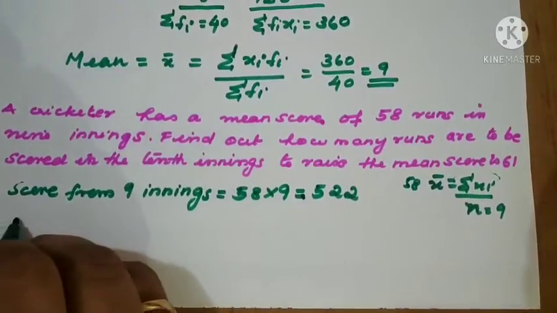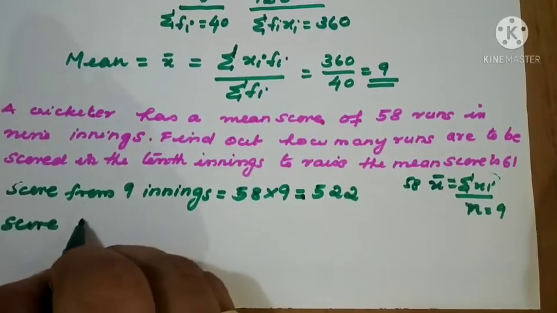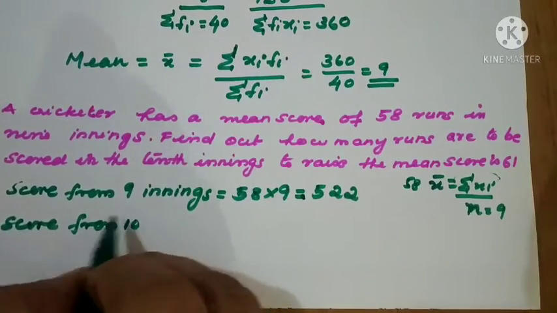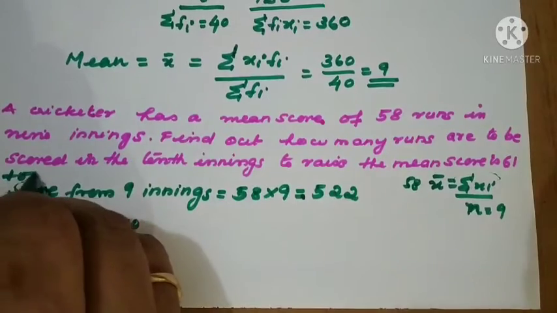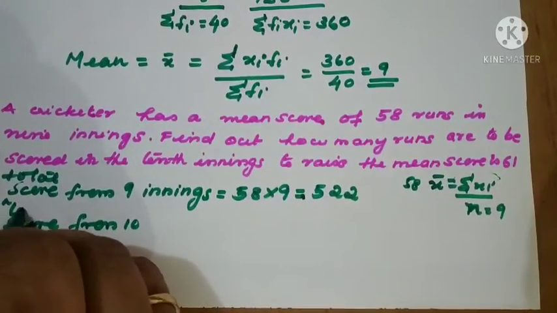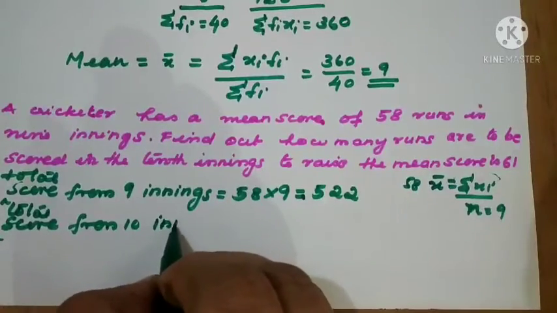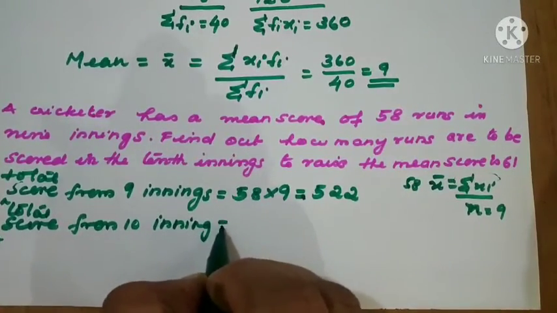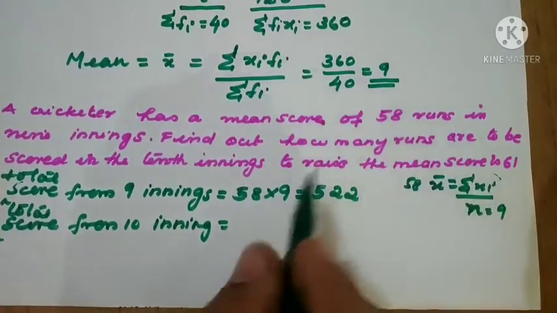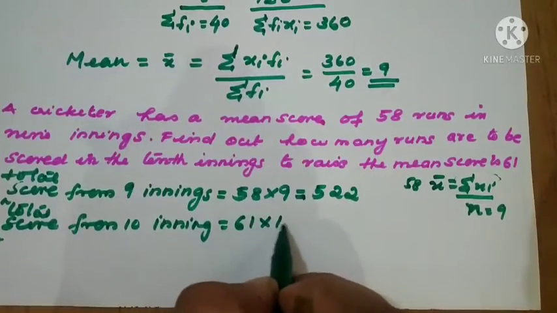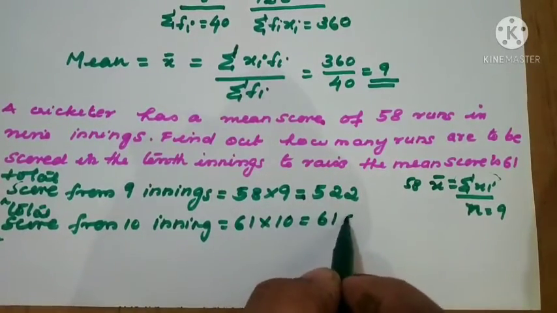Next, the total score from 10 innings, we cannot write just score, a total score. From 10 innings equal to, we are supposed to get 61. 61 into 10 equal to 610.